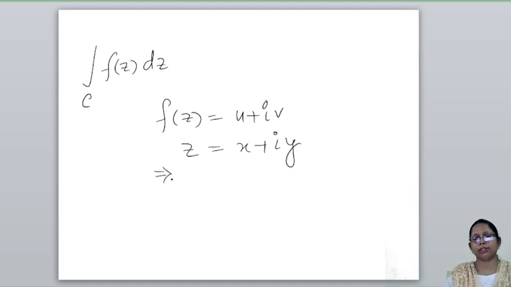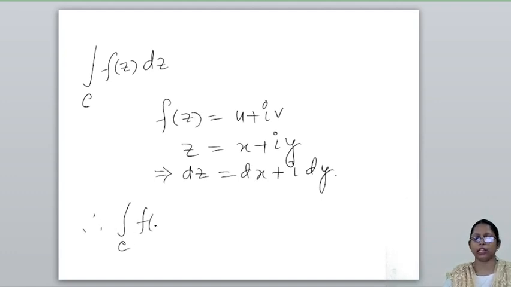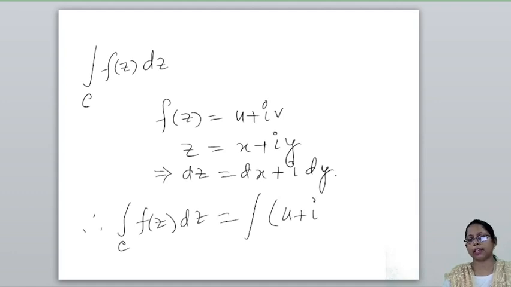This implies dz is equal to dx plus i dy, so that integral over C of f(z) dz becomes the integral over C of (u plus iv)(dx plus i dy).